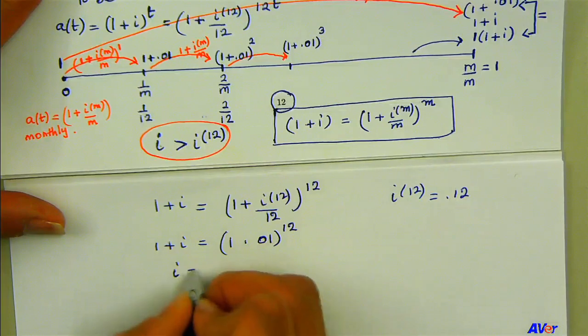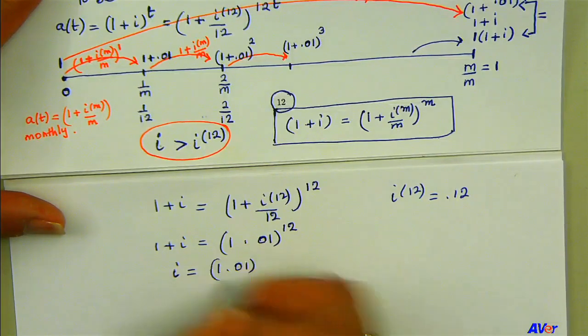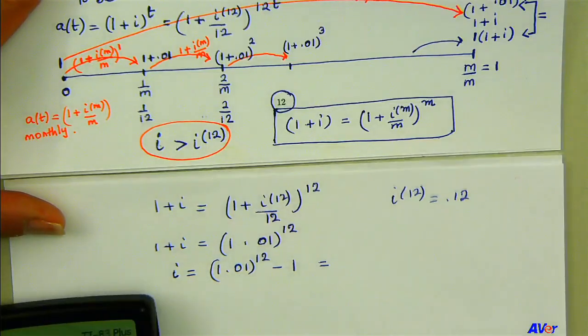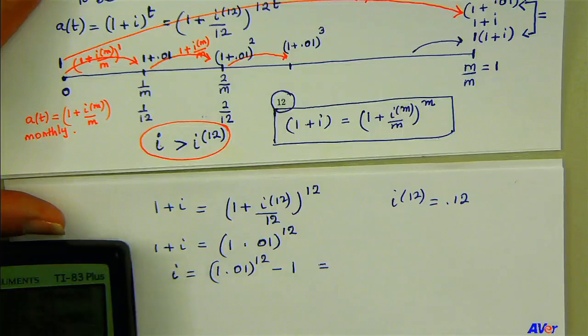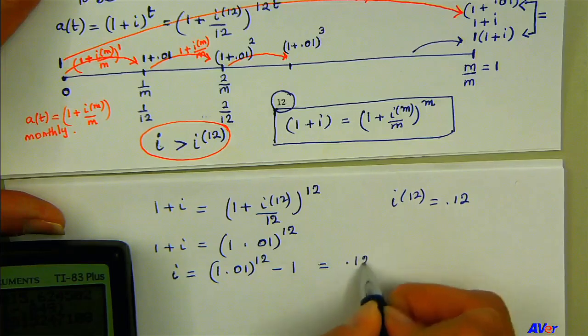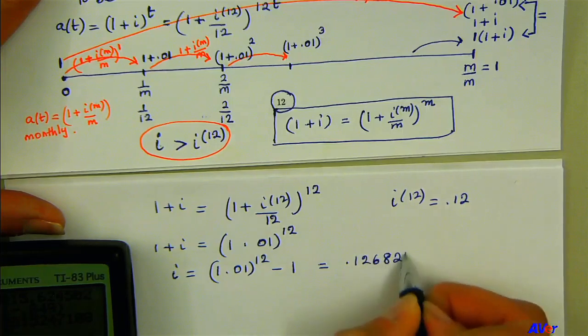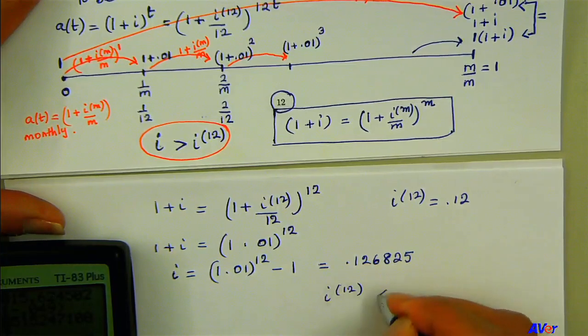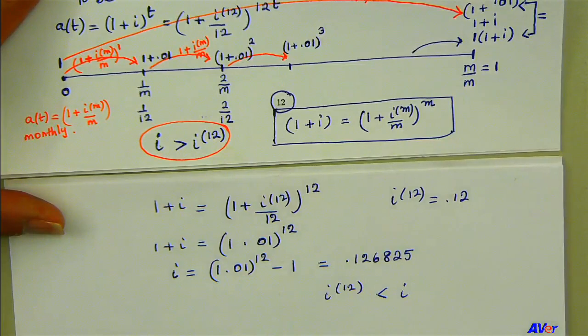And therefore, i is equal to 1.01 to the 12th minus 1. How much is that? 1.01 raised to the 12th minus 1. So i is equal to 0.126825. So as we say, i12 is less than i. Follow me? Any question?